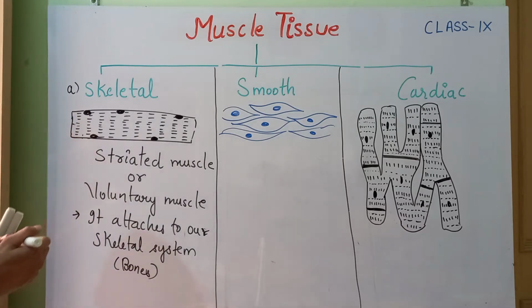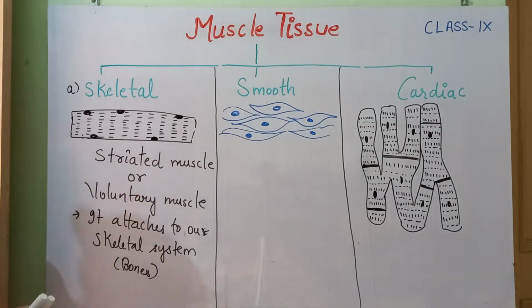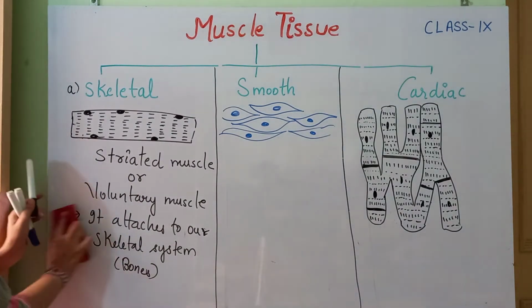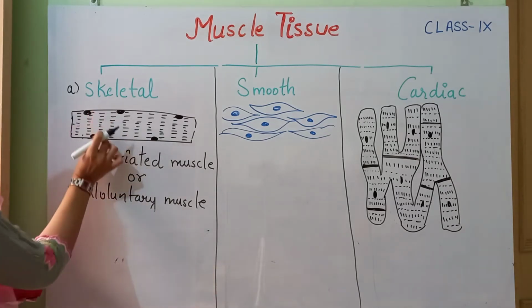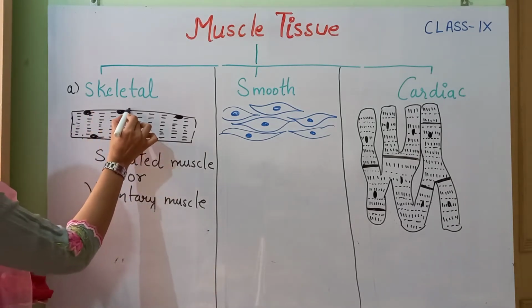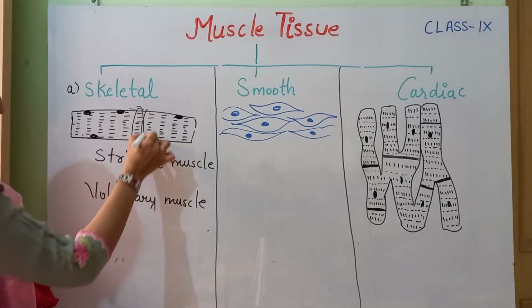Fine. Second, why are we calling it striated muscle? The term striated means the bands which are formed, as you can see over here. Okay, these lines and these blank spaces. One band is formed, and one light part.